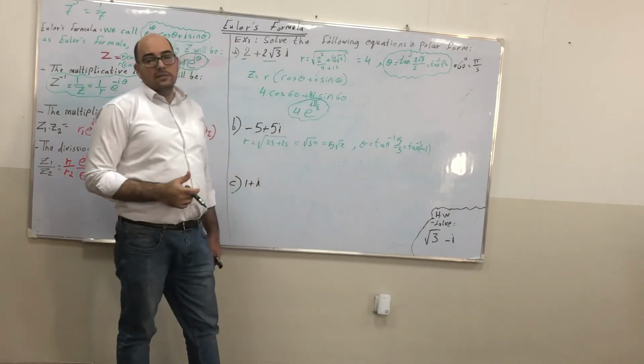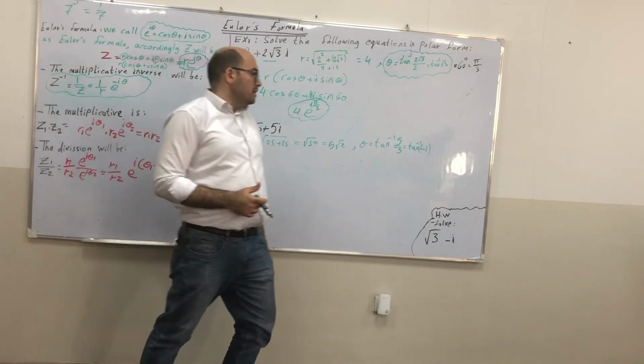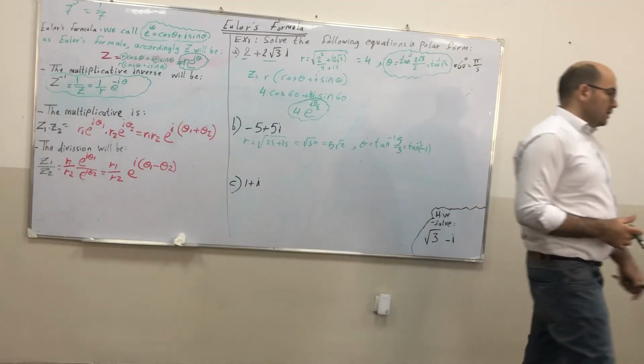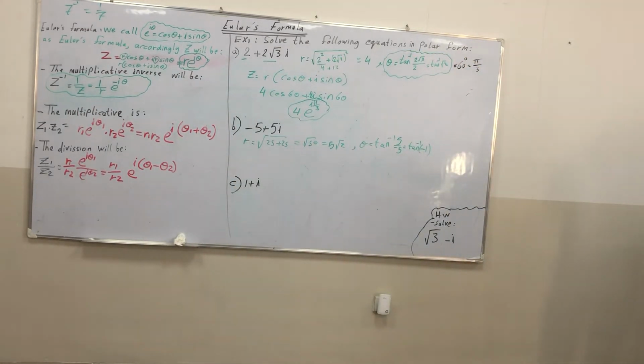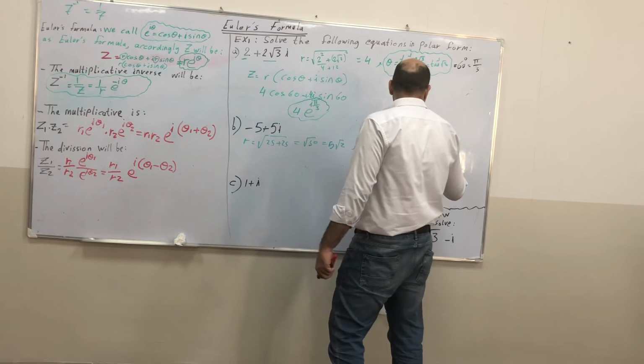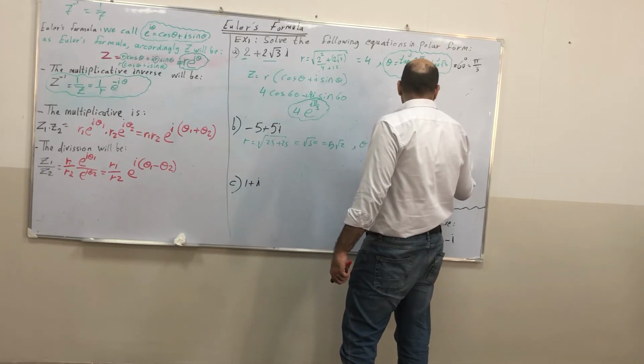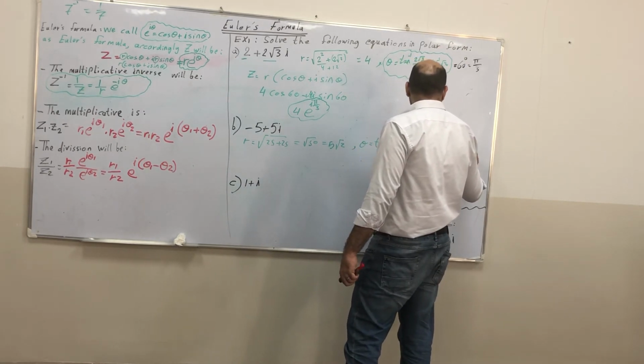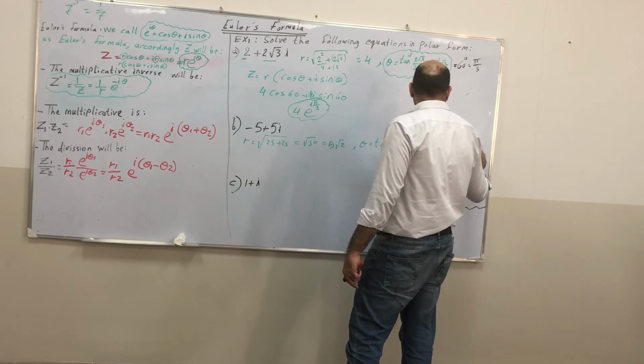Using your calculator, put it on radians, you will find the angle. I'll use my calculator. It's minus 45 degrees, which means minus pi over 4.